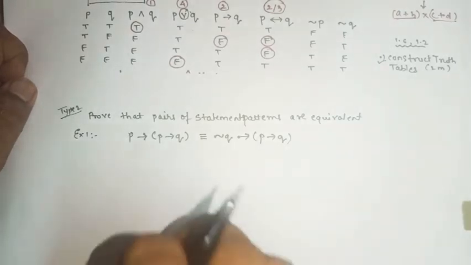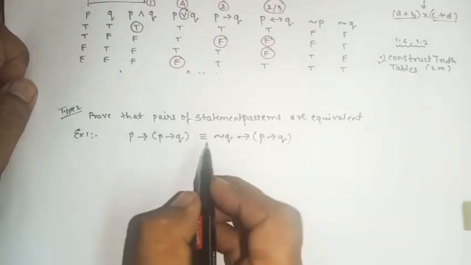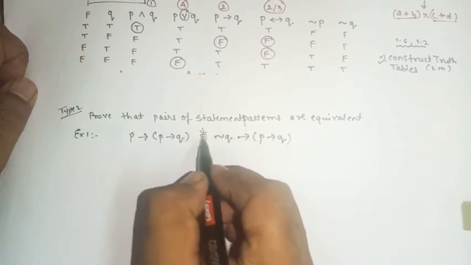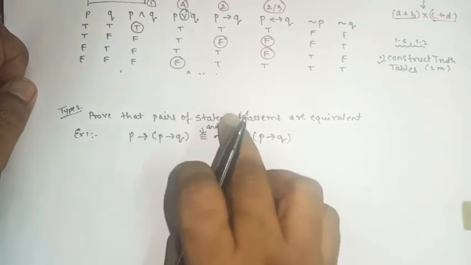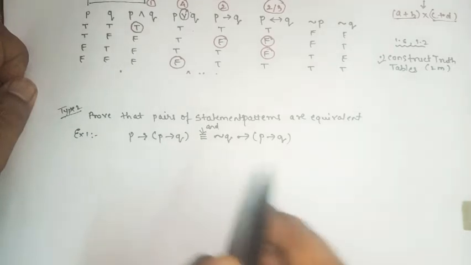Now listen here. In type number 2, sometimes they will not use this symbol. In place of this, they will write and. Now for type number 2, here the and stands for equivalence. Okay, understood?